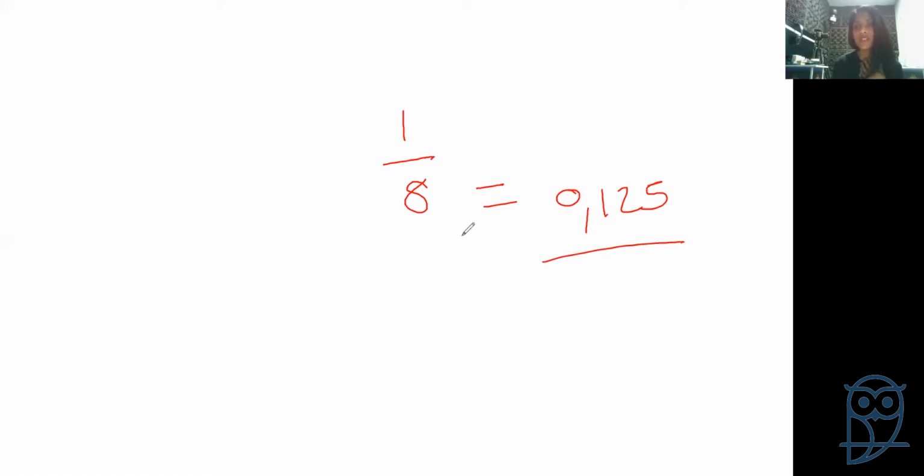So to convert a fraction to a decimal number, we simply divide the numerator by the denominator.